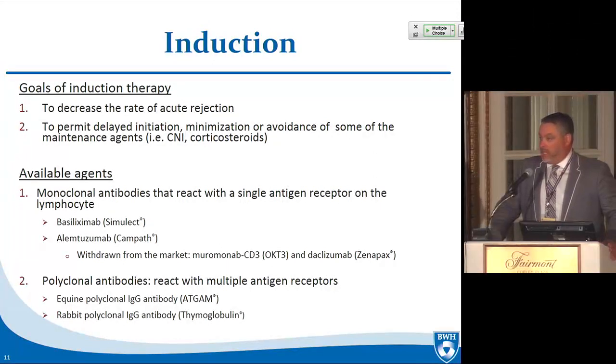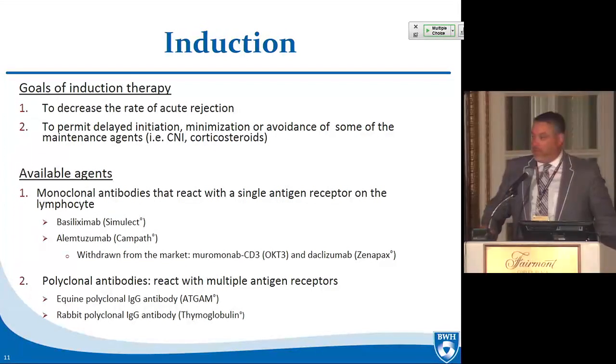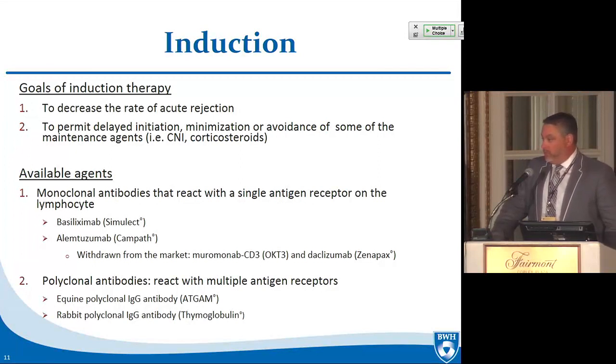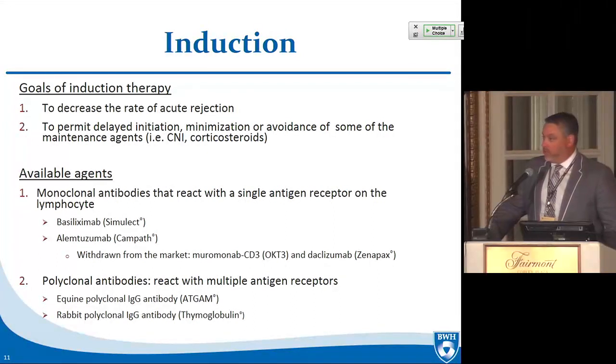Without induction therapy, I can't delay the onset of calcineurin inhibitors until I get some degree of renal function following the transplant. So induction therapy has allowed us to manipulate our maintenance immunosuppressive regimens to a point where we're able to do withdrawal or sometimes avoidance regimens for some of these medications.